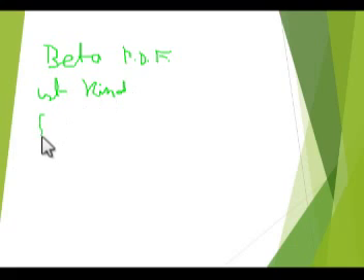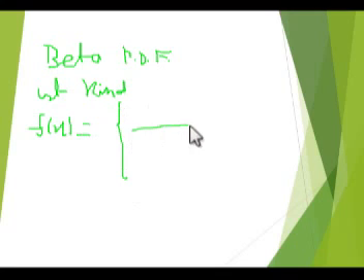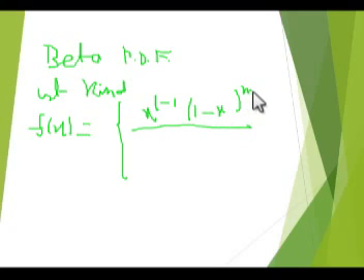The probability density function f is equal to x to the power l minus 1, (1 minus x) to the power m minus 1, divided by the beta function.